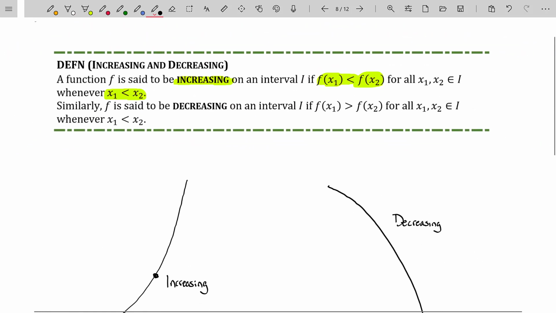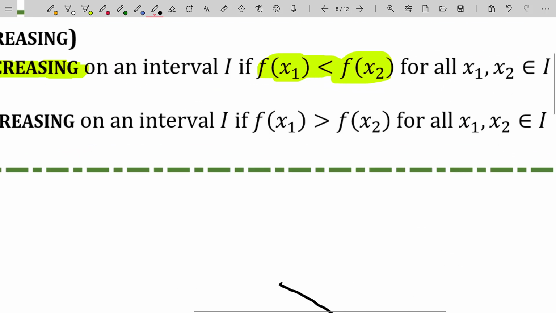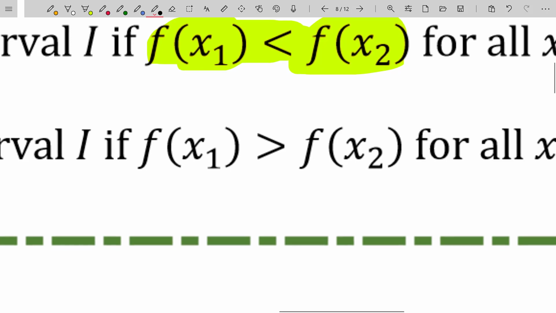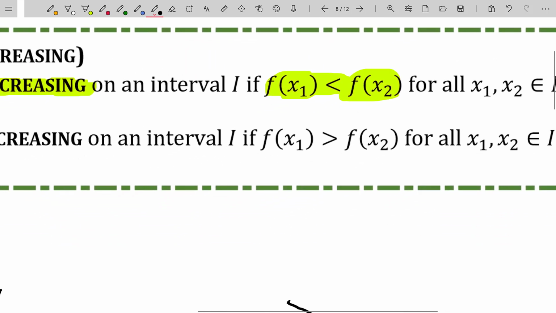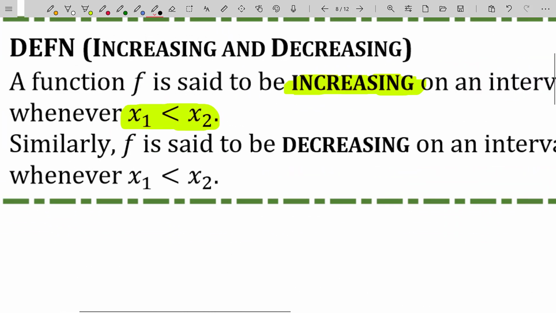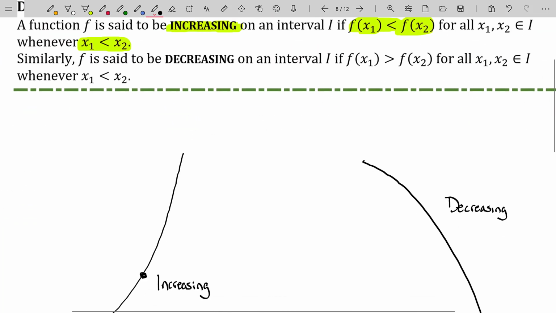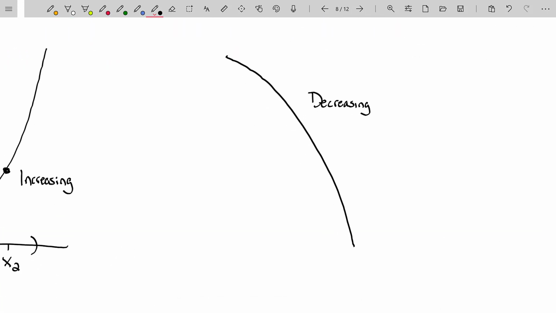A similar definition holds for decreasing. A function's considered to be decreasing if f of x sub 1 is strictly greater than f of x sub 2 for all x values in your interval whenever x1 is less than x2. So again, going over to our decreasing function and highlighting this, suppose that you have 2 points, random, by the way, arbitrary points, and one of them is less than the other.